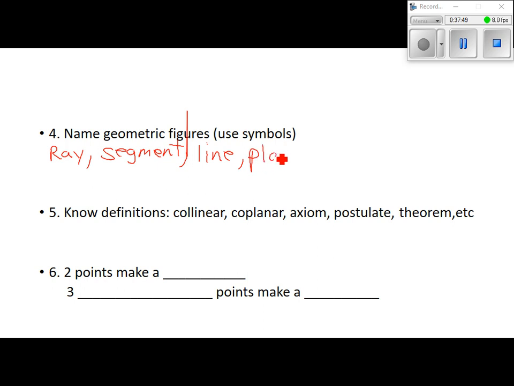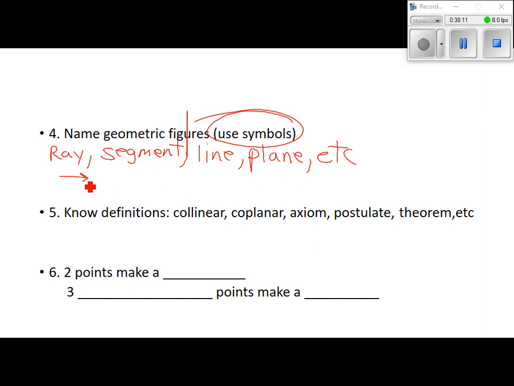Plane. So on, so on, so on, right? All those things. Now, when you're naming those, you've got to remember the symbols and be able to use the symbols. Like, what's the symbol for a ray? How many letters to name a ray? 2 letters to name a ray.